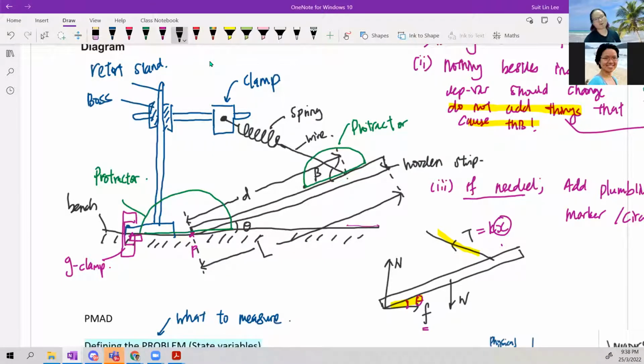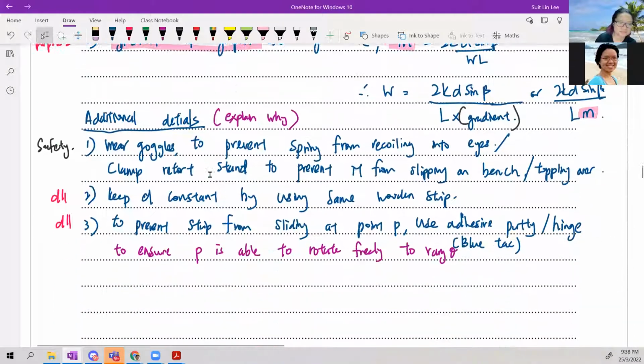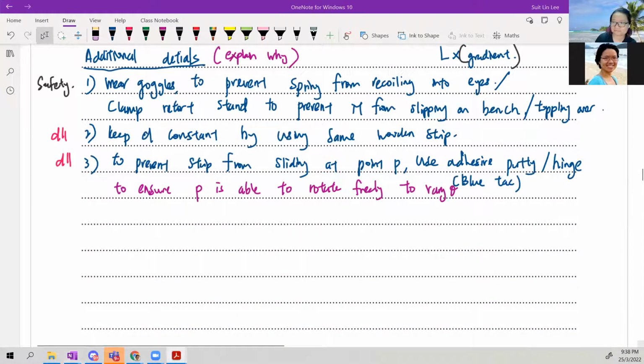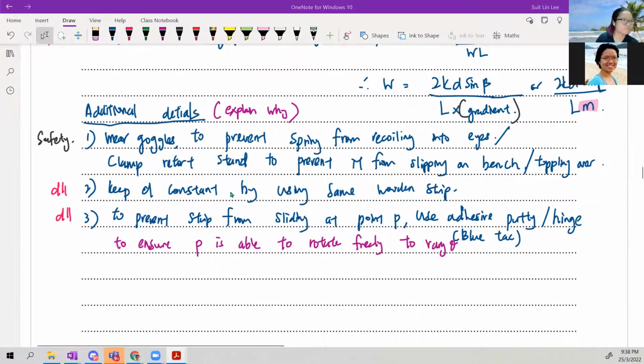How do I attach the wire to the wooden strip? What would you suggest? Can I use the adhesive putty again? You can, but the adhesive may not be strong enough, generally speaking, because we have no information about how heavy the wooden strip is.